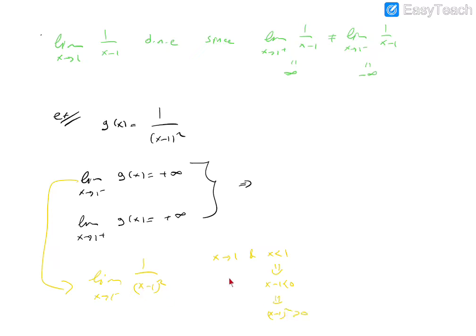And when x approaches 1, this approaches 0, so it approaches 0 from the right side. So 1 over 0 goes to infinity, so this goes to plus infinity. As a result, the limit when x goes to 1 of g of x is infinity. Again, this means the limit doesn't exist, but you can use the notation infinity to describe the behavior.